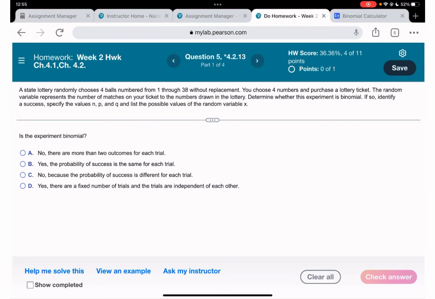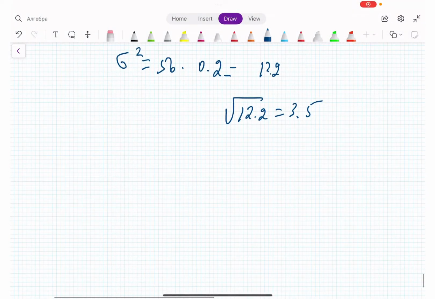Okay, let's list all properties of binomial distribution. So first one, all trials are independent.